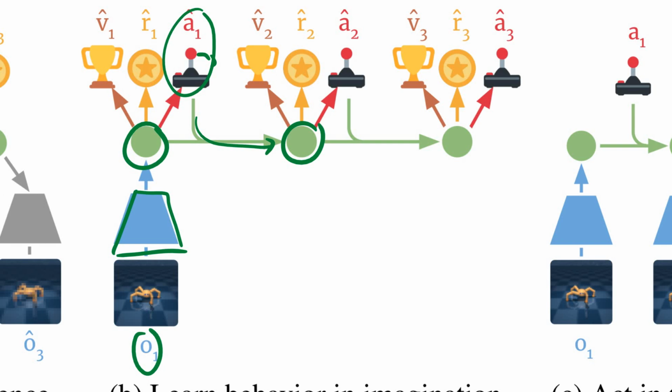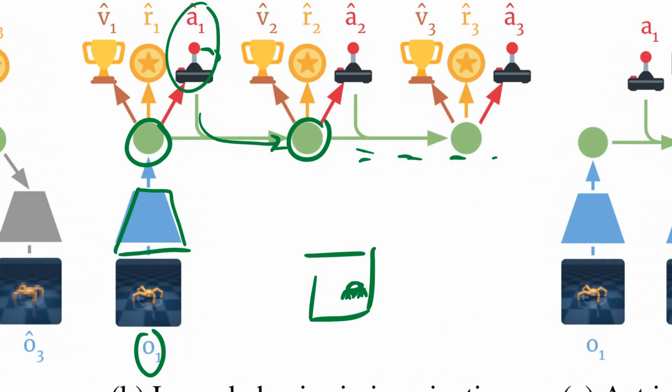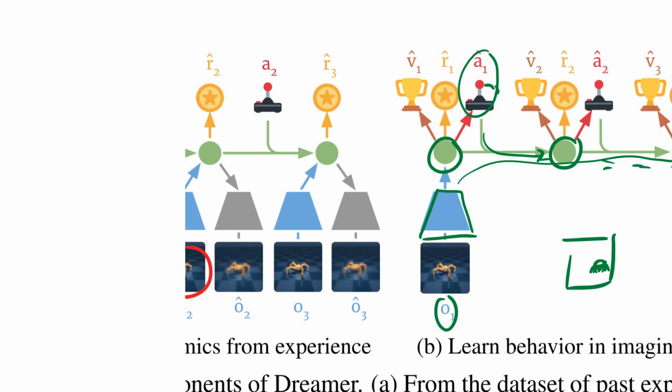The action might be to put the joystick to the right. It will learn the hidden state corresponding to the spider being a bit more to the right than it is right now. And it will do so a number of time steps into the future, and it will kind of learn from its own imagination. So this is what it will imagine into the future, how the hidden states look. And then it will learn from that instead of having to really do the actions in the real world.